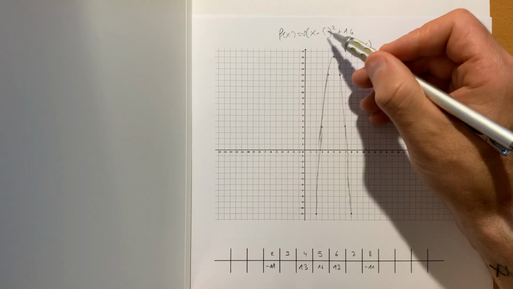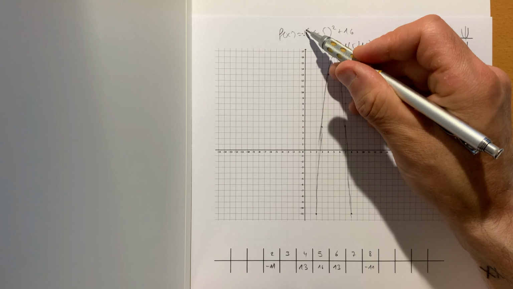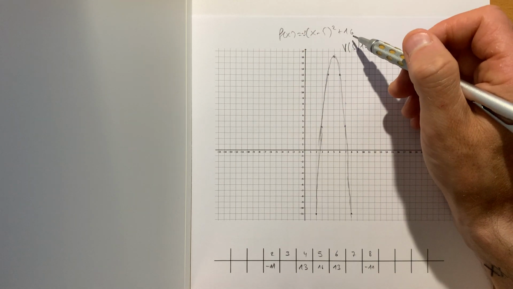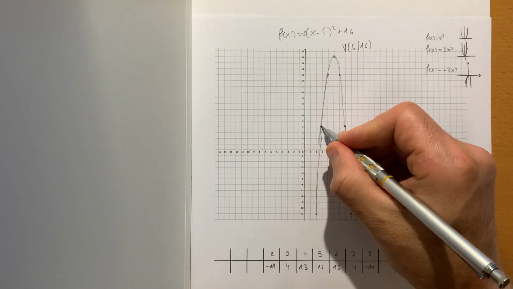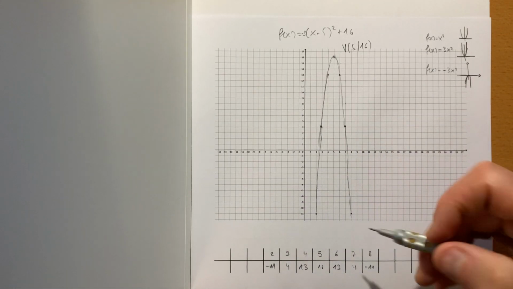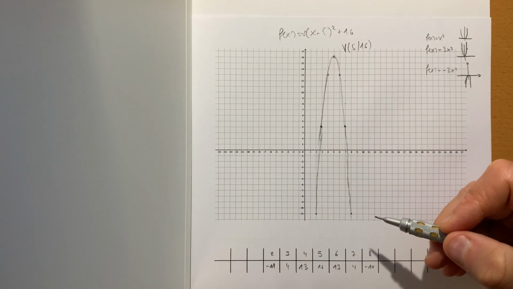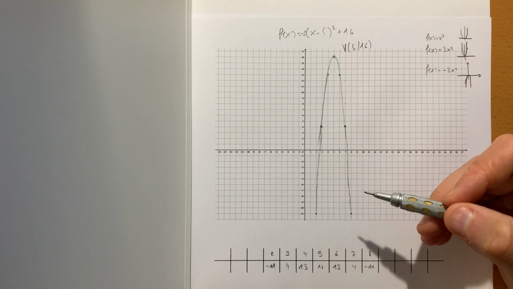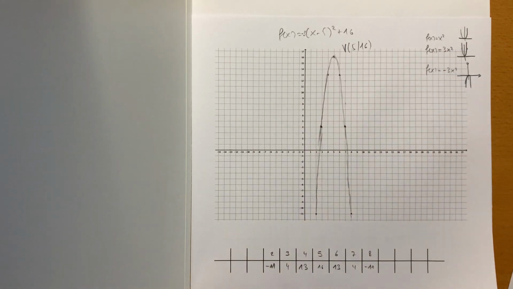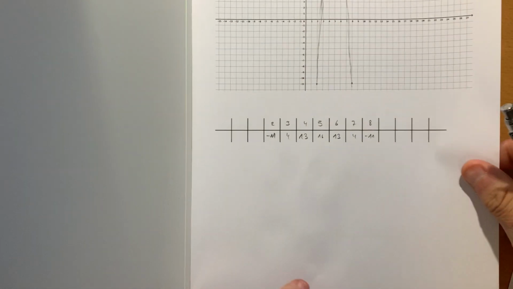Squared is 4, so times -3, that's -12 plus 16, so we will be at 4. And as you can see, we're exactly at 4 here. This is a fairly accurate drawing. Obviously, my graph is not perfect, but it's quite accurate because we worked out 7 points.